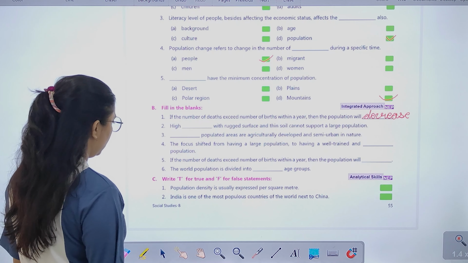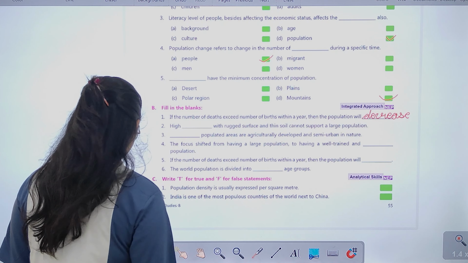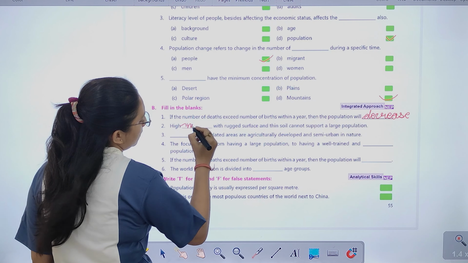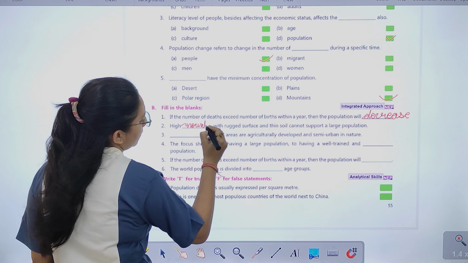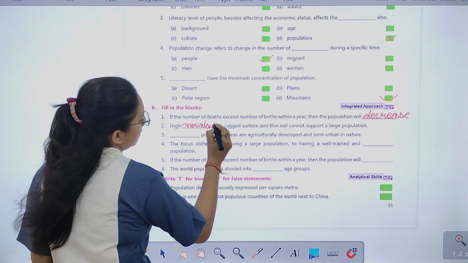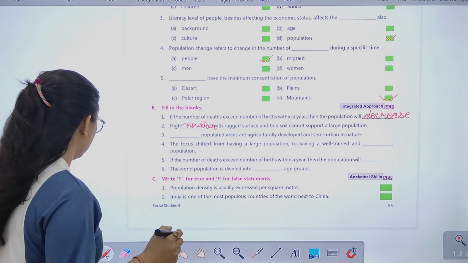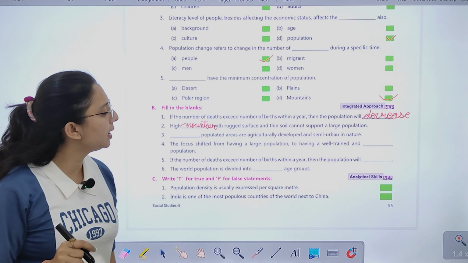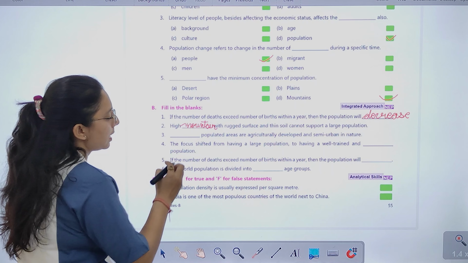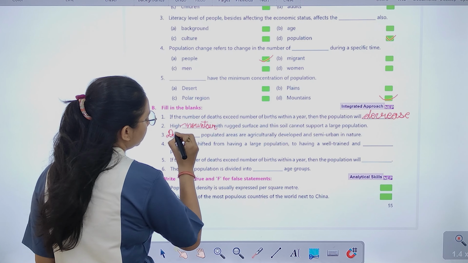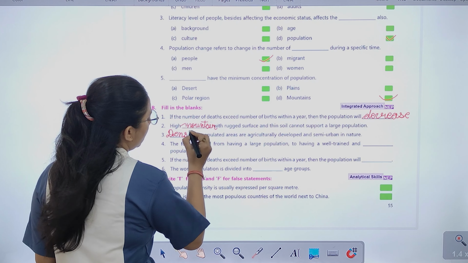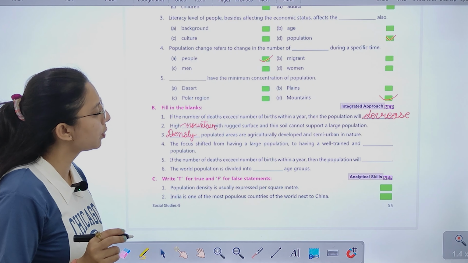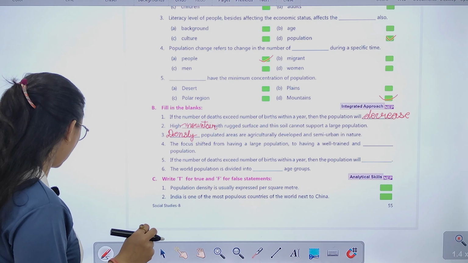High dash populated areas and agriculturally developed in semi-urban, so which ones are they? Densely. The focus shifted from having large population to having well trained and dash population.